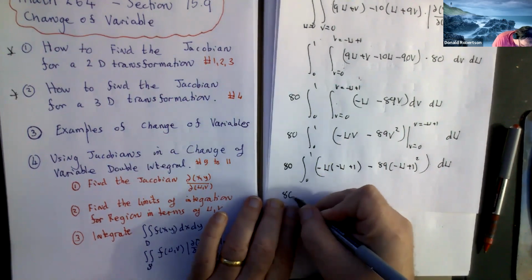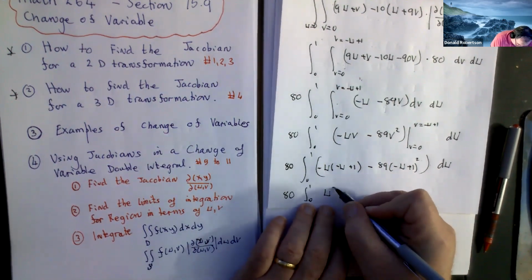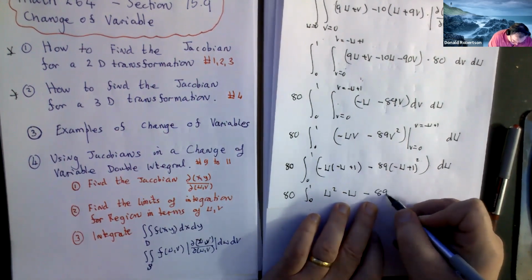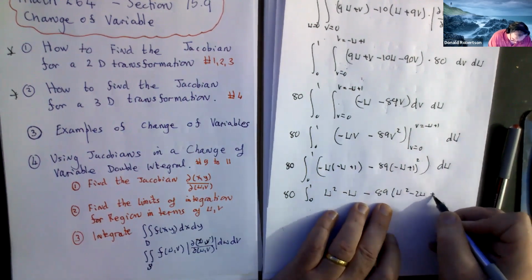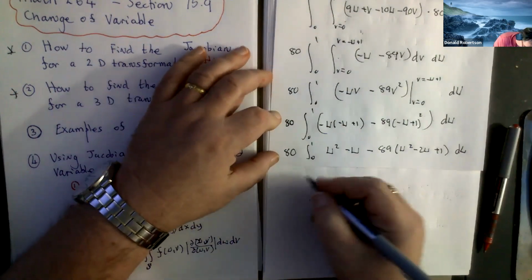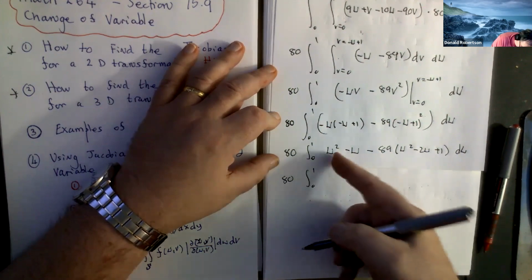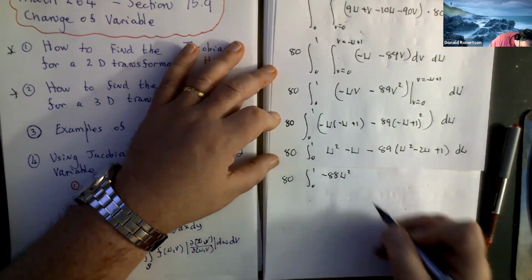And that's going to be 80, the integral from 0 to 1 of u squared take away u, take away 89 times u squared minus 2u plus 1, du. And that guy, take away that guy, is negative 88 u squared.